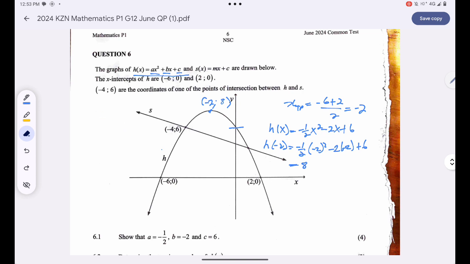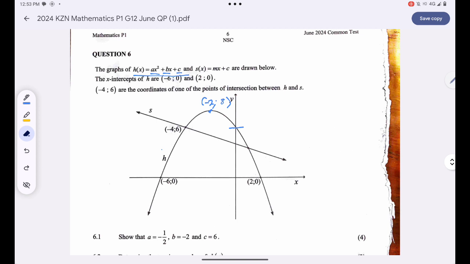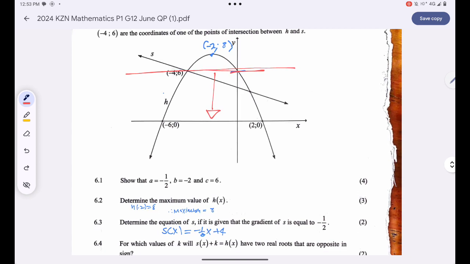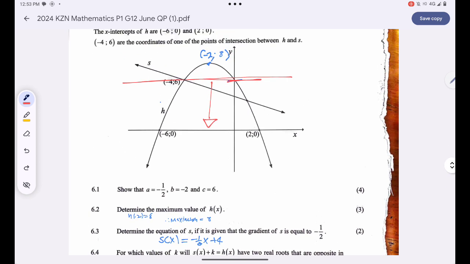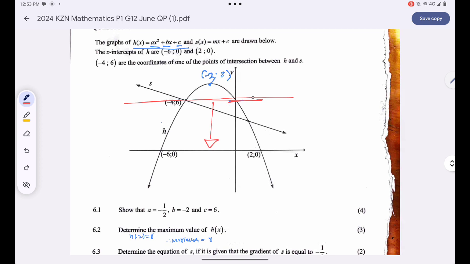Are you together? We can only have that if the two graphs intersect one another below this point over here. Anywhere below this point, you can have two roots that have two different signs. Because above that line, we simply have two negative roots over there.